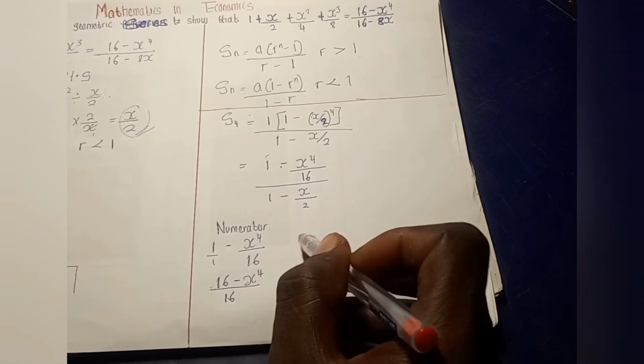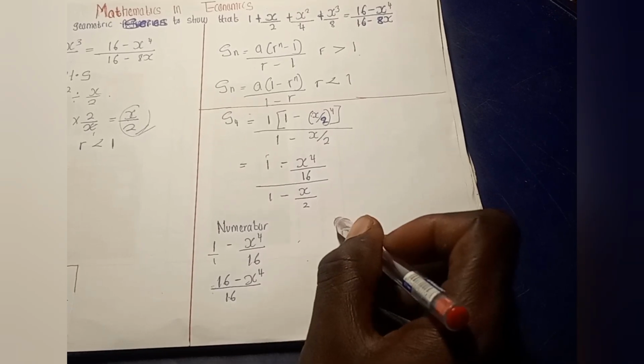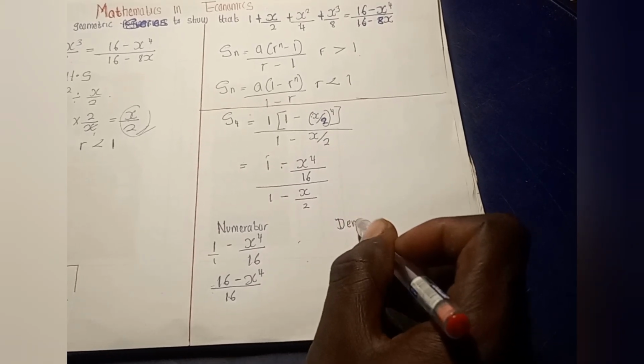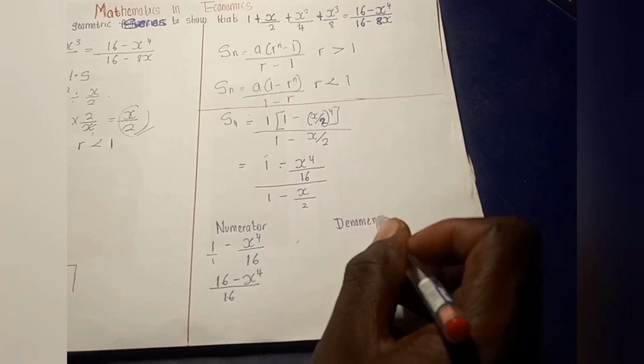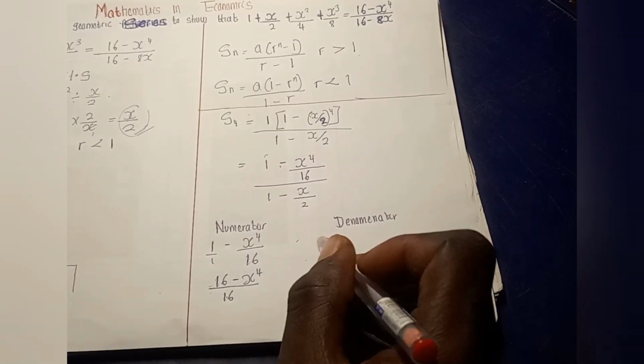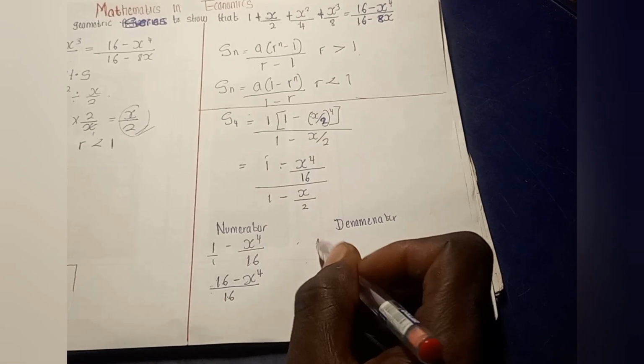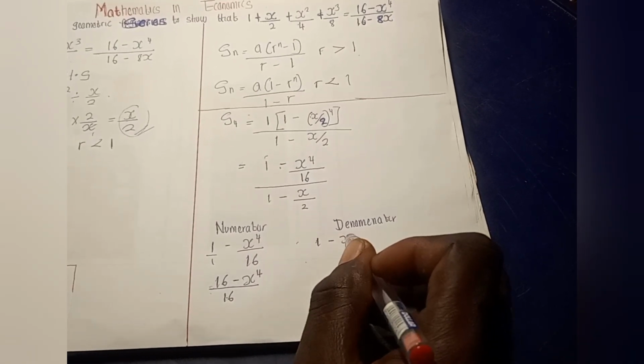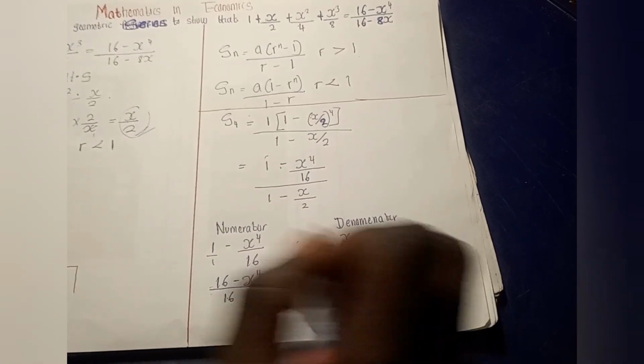Let me solve the denominator also. The denominator is 1 minus x over 2, 1 minus x all over 2.